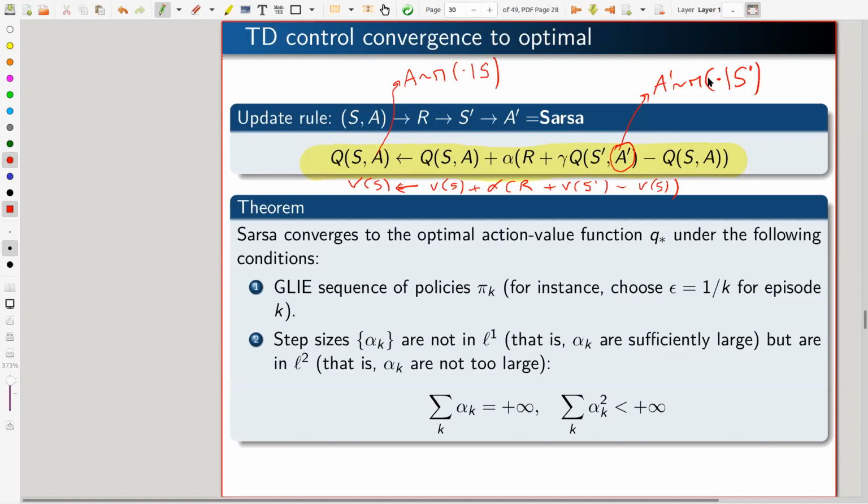Okay, not clear at all. This is the prediction part, right? Now I need to put together also the improvement part. How do you do the improvement here?